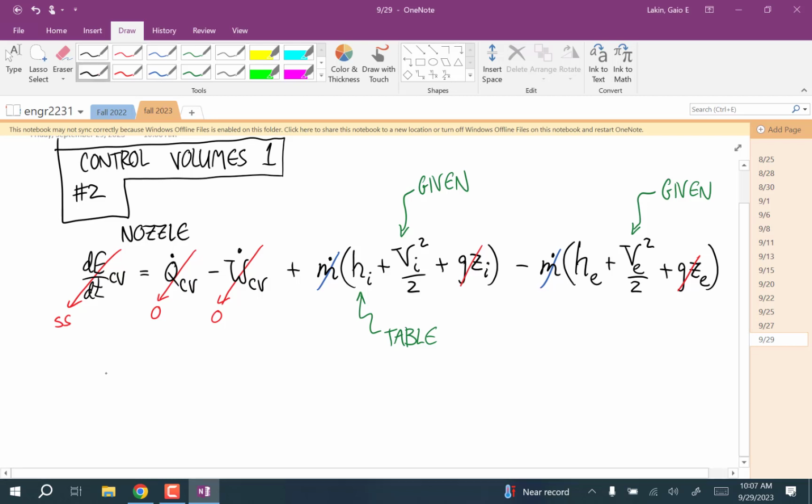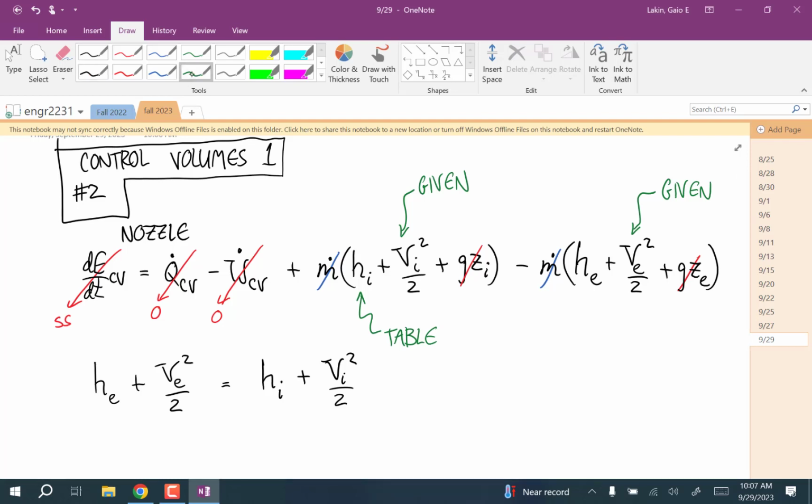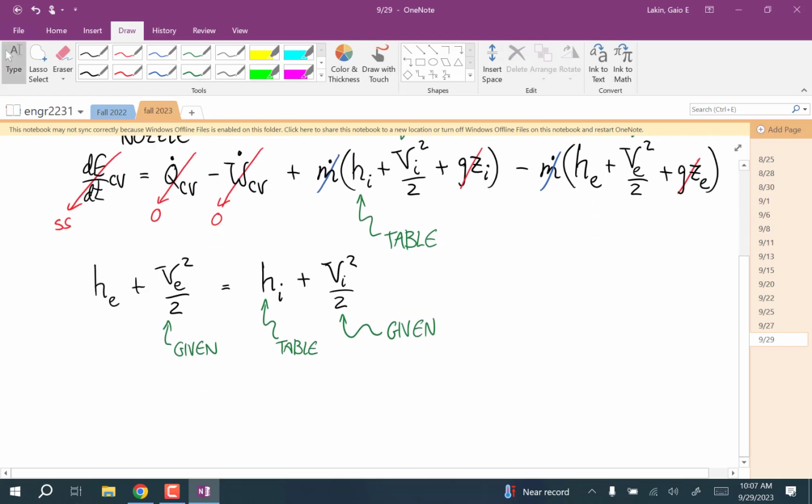And what we're left with is h_e plus V_e squared over 2 is equal to h_i plus V_i squared over 2. This is given. This is given. This is in a table. And that lets us calculate this.